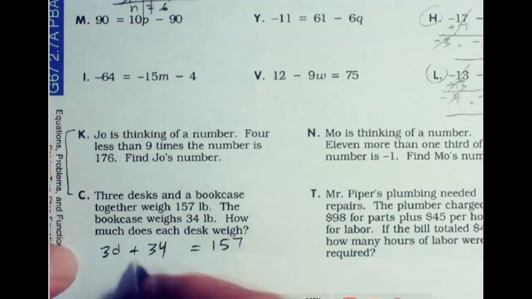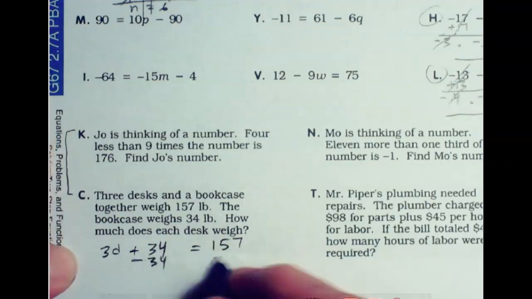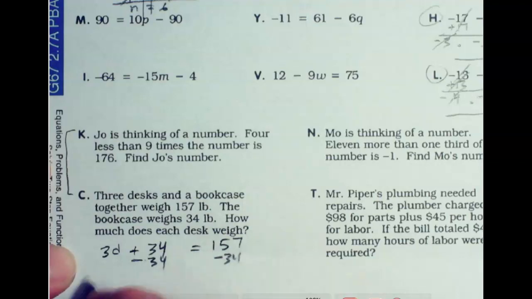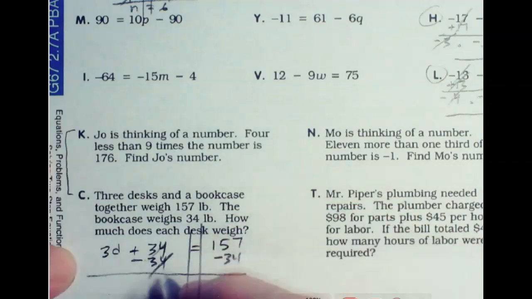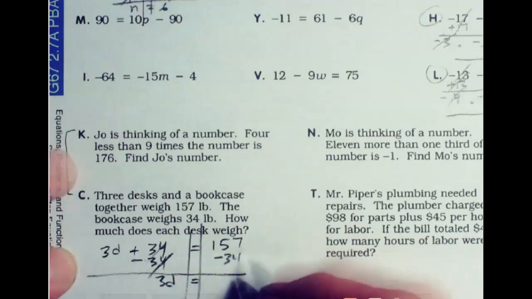We subtract 34, subtract 34. Railroad tracks in here. These guys cross off. You've got 3 desks equaling, well, 7 minus 4 is 3. 5 minus 3 is 2.